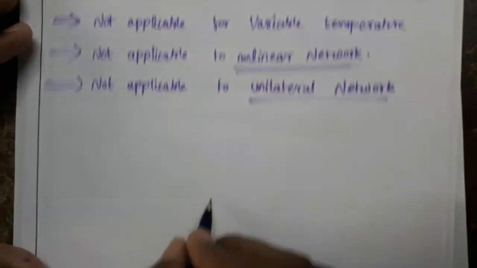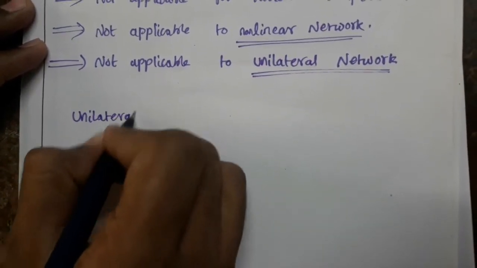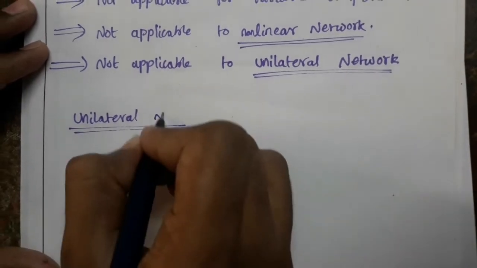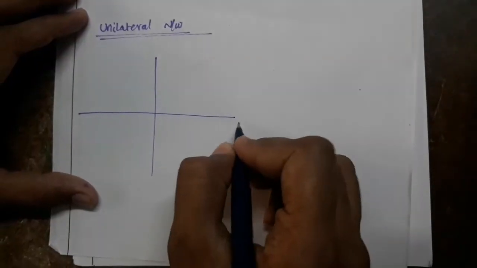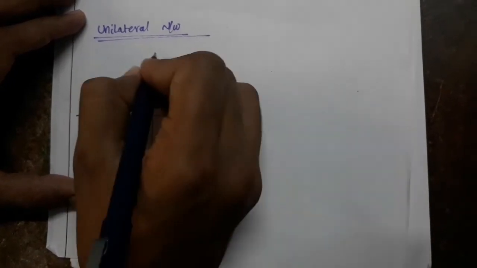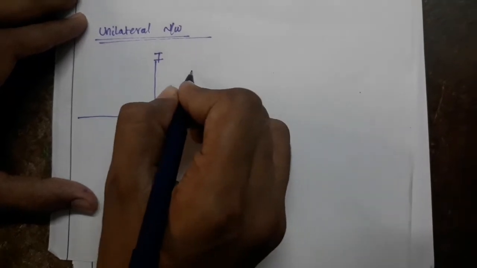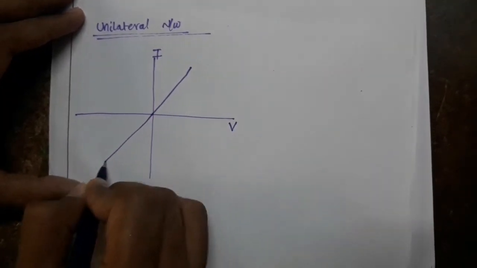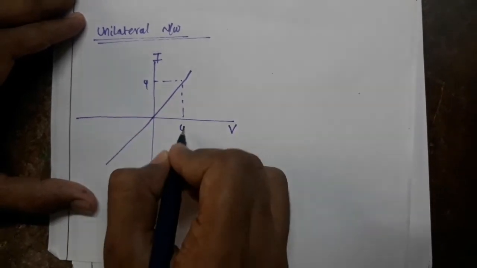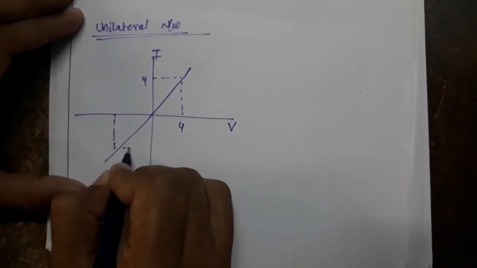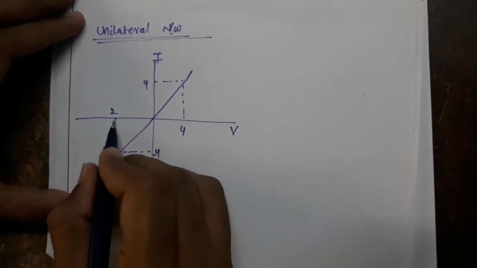Unilateral network means for this network, if we take the voltage on the x-axis and current on the y-axis, then the slope will be different.